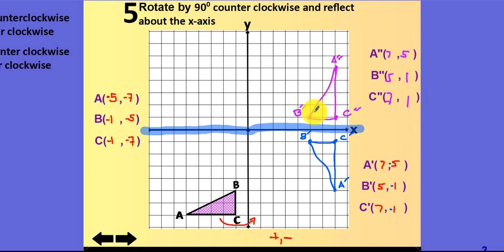To verify, my A double prime is over here, and that's 1, 2, 3, 4, 5, 6, 7. Okay, 7 positive. 1, 2, 3, 4, 5. 5 positive. B prime is 1, 2, 3, 4, 5 positive. Then up 1 positive. There we go.